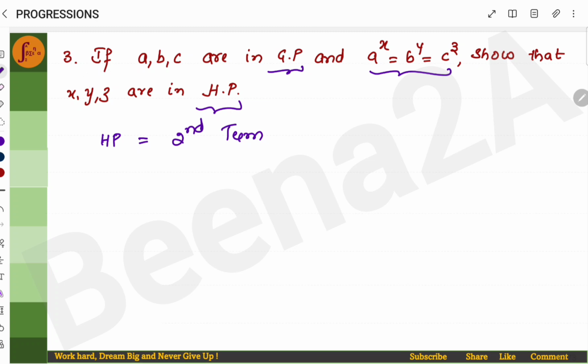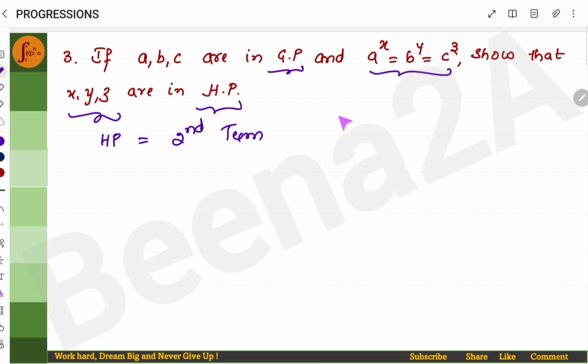So let's take this third problem. If A, B, C are in GP and A to the power x is equal to B to the power y is equal to C to the power z, show that x, y, z are in HP. Now first thing, how do we prove that x, y, z is in HP?